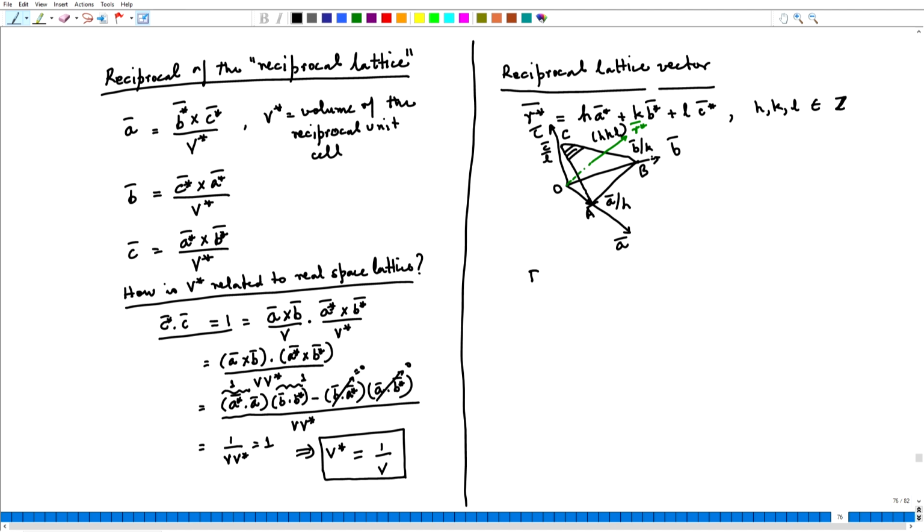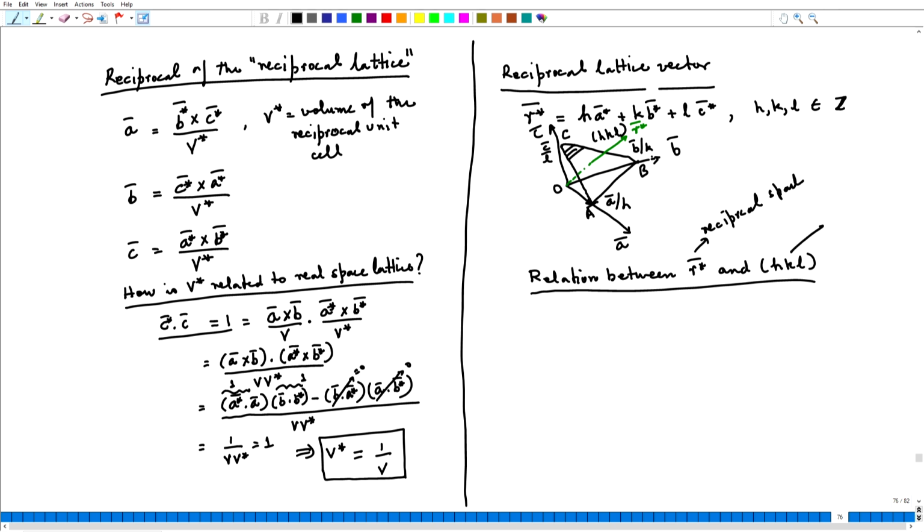I now want to find out the relation between R star and the plane HKL. So, I have R star, which is reciprocal space, and I have the plane HKL, which is the real lattice space.